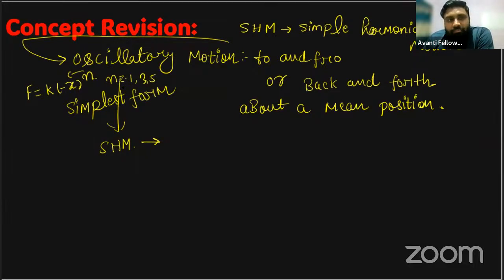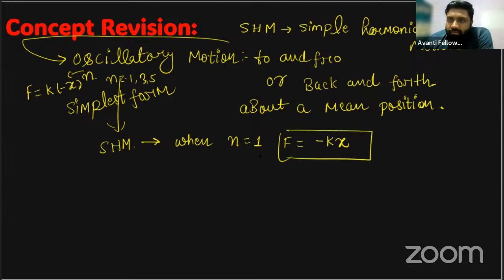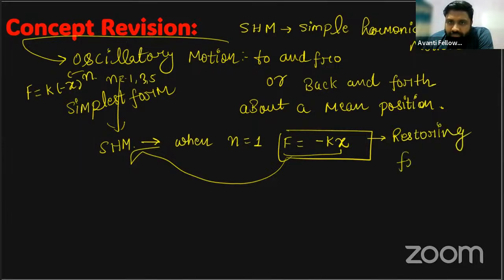The very simple case is N equals 1, when the force becomes F equals minus Kx. If a motion is executing under such a force, that motion is termed as SHM. This is a restoring force, which means it is a conservative force, which restores its value after being displaced.